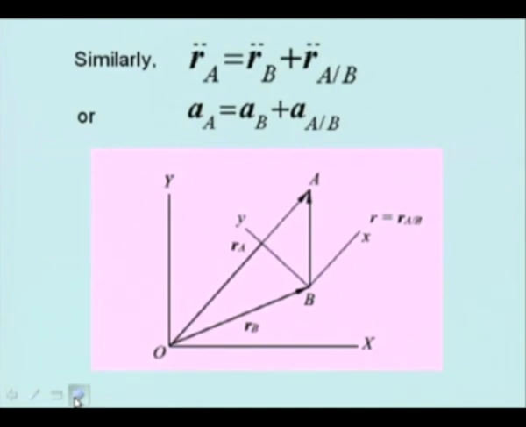So R double dot A is equal to R double dot B plus R double dot A slash B, or capital A A is equal to A B plus A with capital A slash B. Here, A A is the absolute acceleration of point A, A B is the absolute acceleration of point B, and A slash B is the acceleration of point A with respect to point B in the reference frame which is moving.